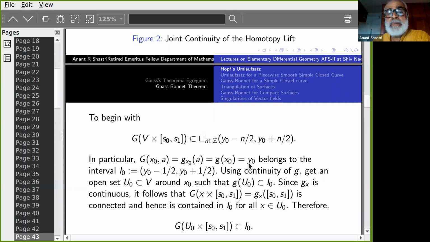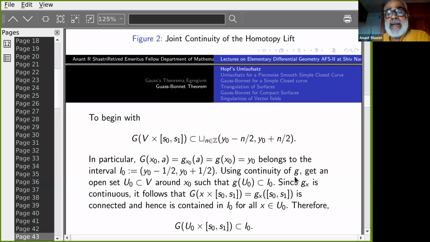Then what happens? X naught cross S0 to S1, the whole of S0 to S1, is connected, right? So G of that whole interval must be inside this interval. The whole of them is contained inside the disjoint union, so it can't jump into another disjoint set by the connectedness of this one.